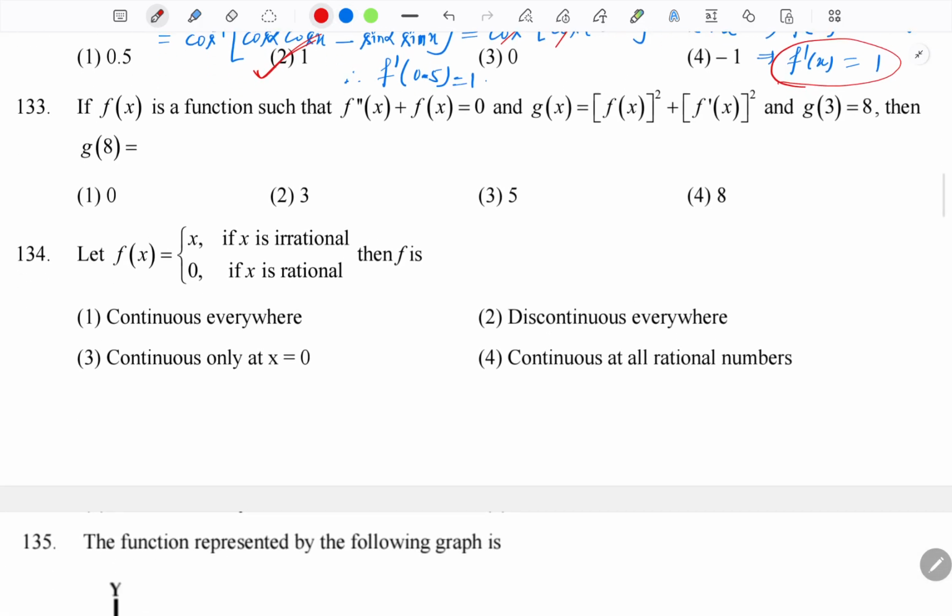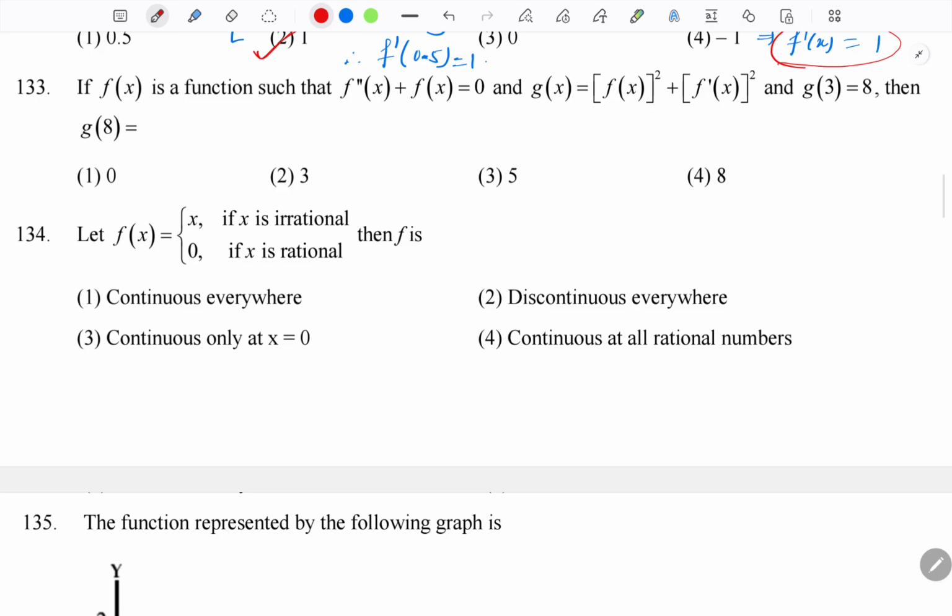Next question. Here they gave one condition, then it's satisfying this one, then g of 3 equal to, then g of 8 equal to how much? First take the condition. What is the g of x condition? If we differentiate with respect to x on both sides, it is clearly the power rule, right? x power n, x power n minus 1.